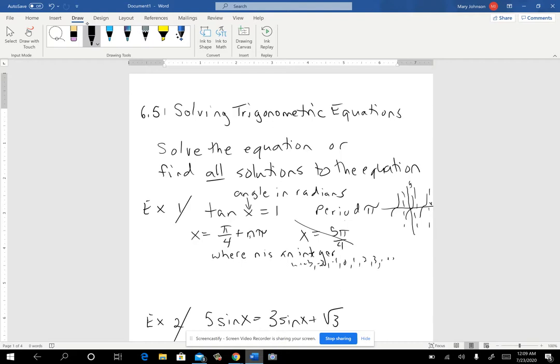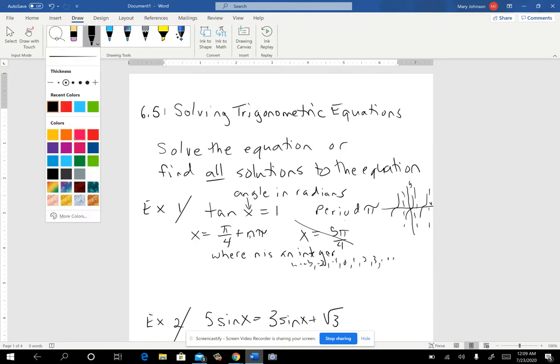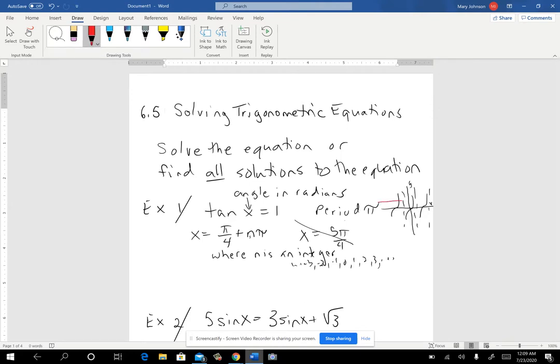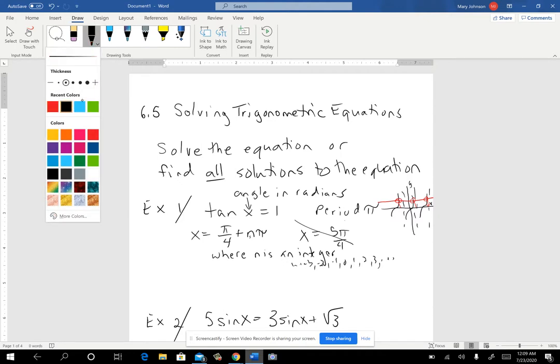You can't really list all the solutions. If you think back to the way we did this graphically, we're looking for all the x's that cause the tangent function to have a value of 1. There's an x, there's an x, there's an x that would have a tangent of 1, and those aren't the only ones. This keeps going, so you'd have infinitely many of them.